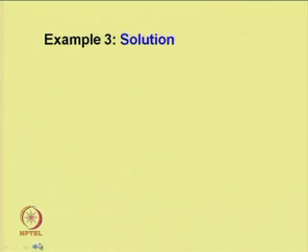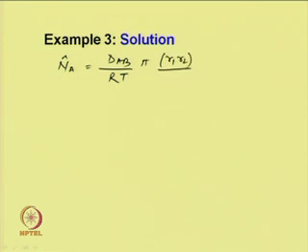If we substitute in these equations, Na cap is dAB by RT pi R1 R2 by L into Pa1 minus Pa2.